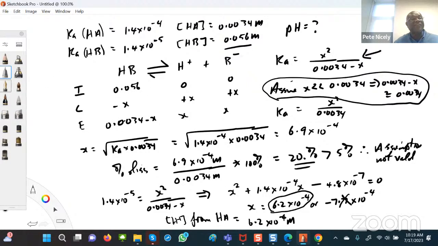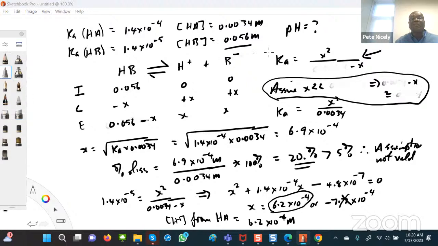Then down here, I'm going to erase this and put 0.056 minus x. So the change will continue over here, and here as well. Let me erase this here, and also here.